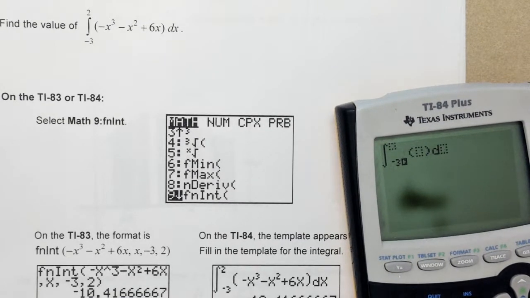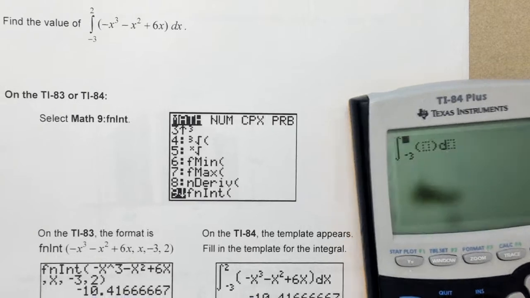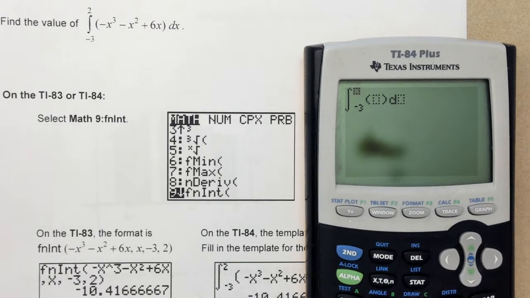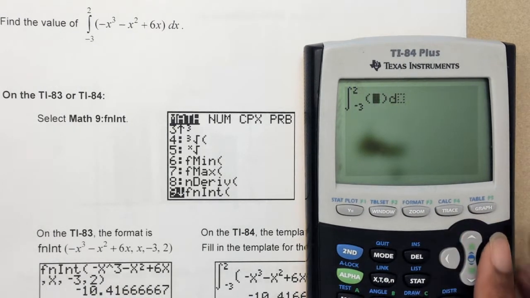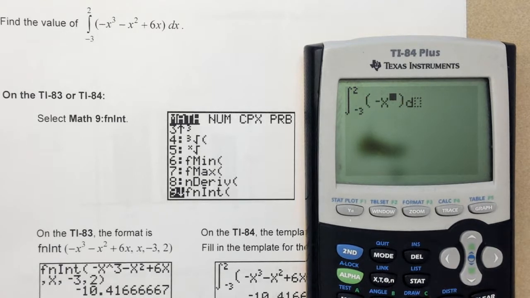since we're looking for from -3 to 2, and then our function is -x cubed minus x squared plus 6x.